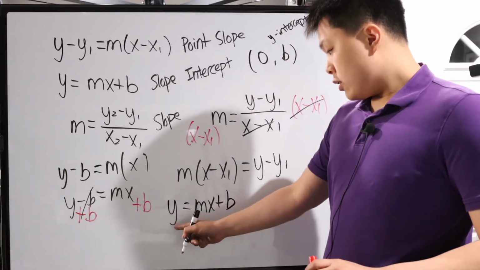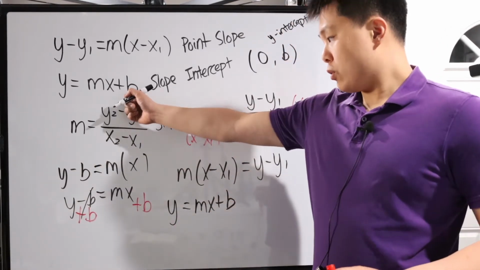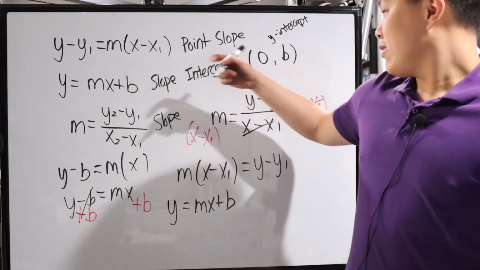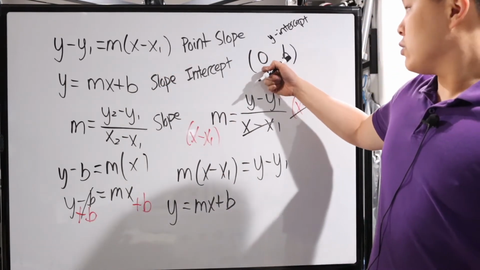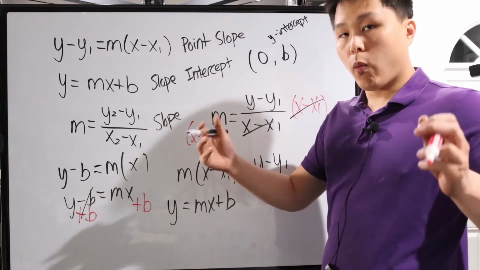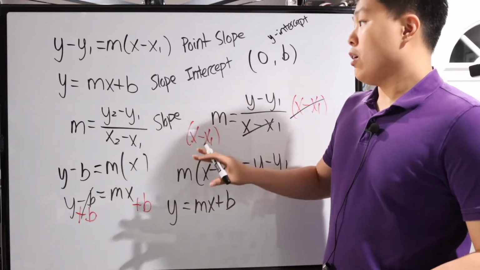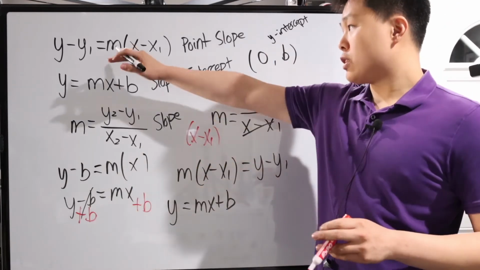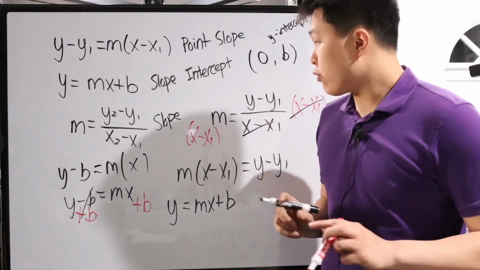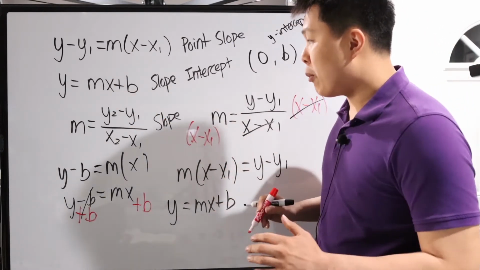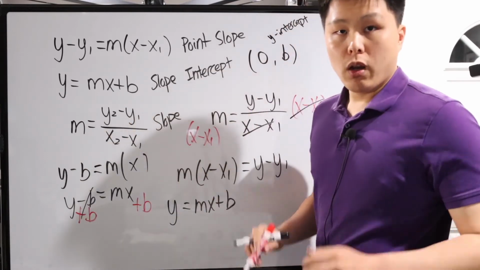So this right here is exactly this, which came from this with a special point of 0, b, because that's the y-intercept. Now this is amazing, right? So what that means is that even though it's 3 very quote-unquote different things that we are afraid of we might have to memorize, it all just comes from this slope formula.